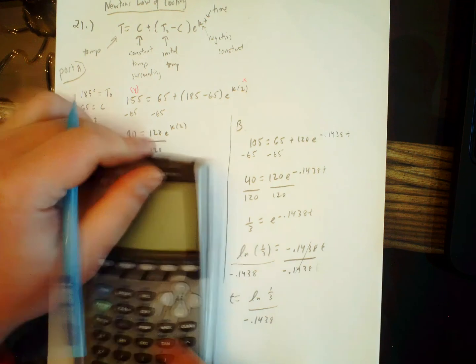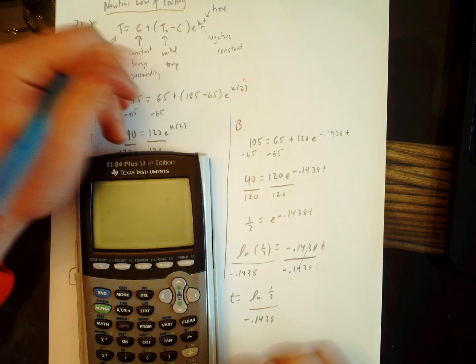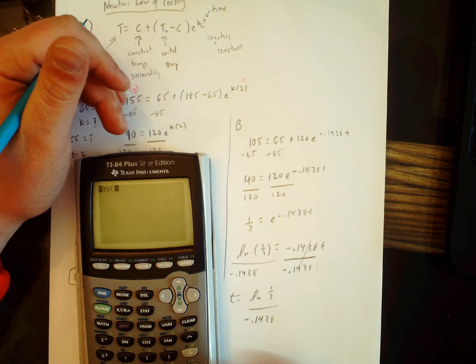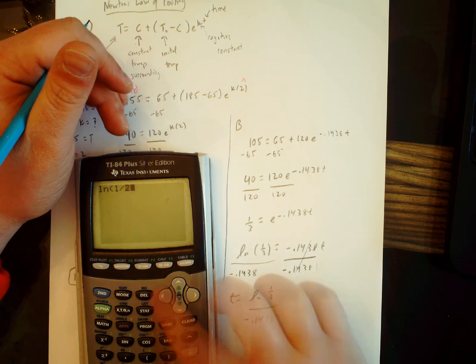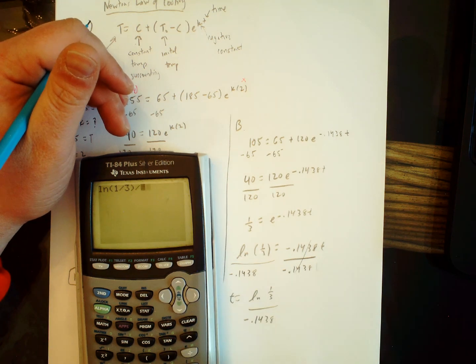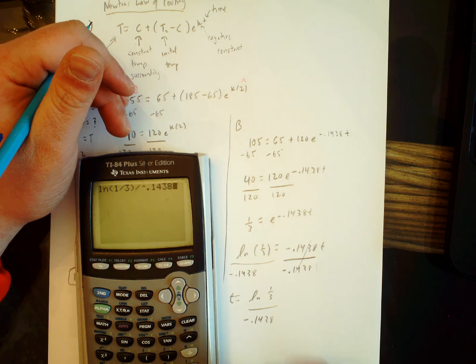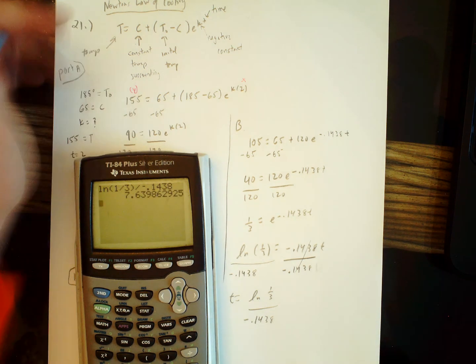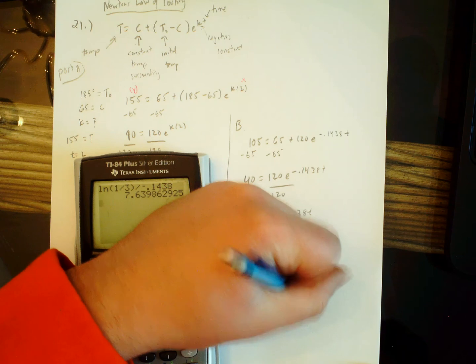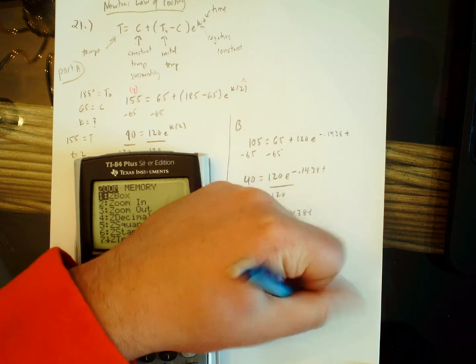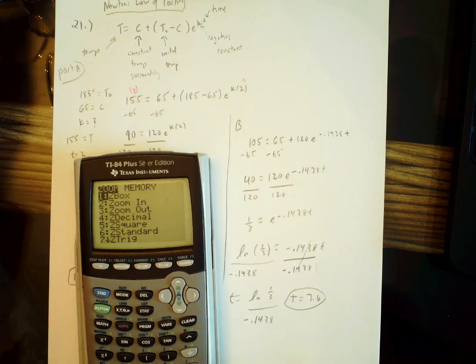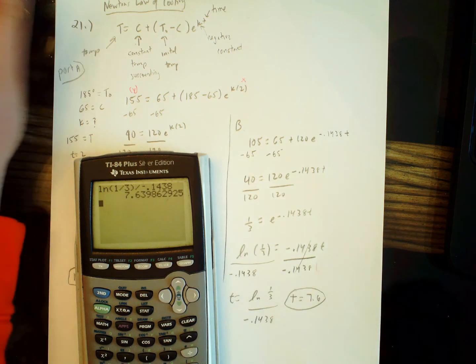So we go to our calculator. I'm going to do the ln of 1/3 first, divided by negative 0.1438. And you should get about 7.6. 7.6 minutes. And those are the three problems.